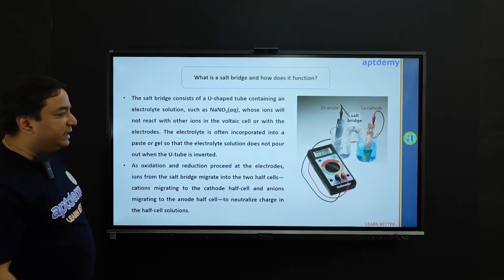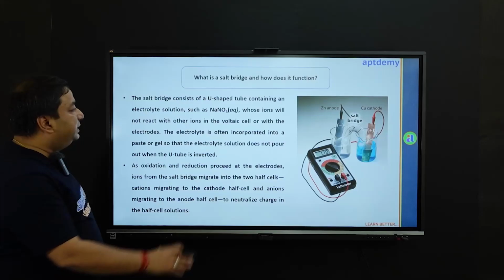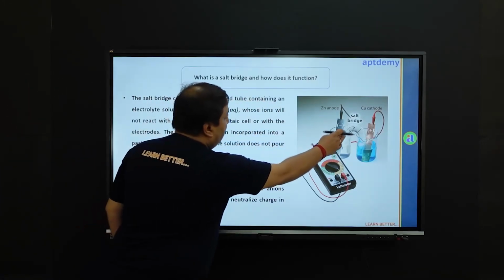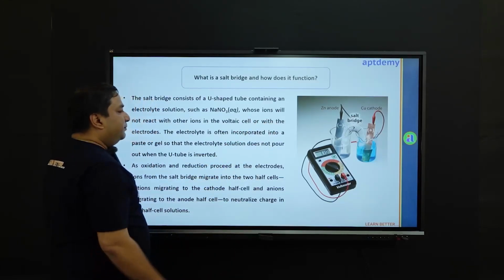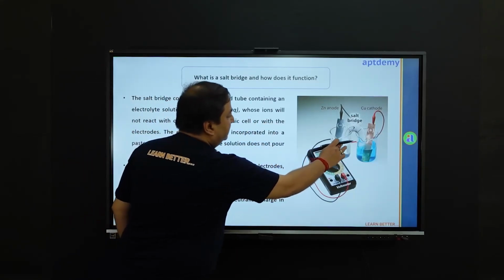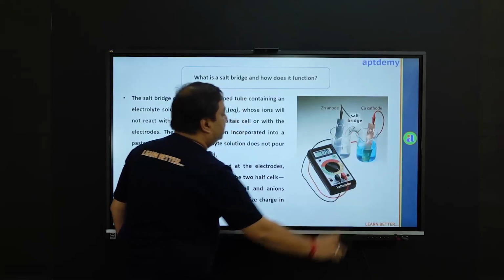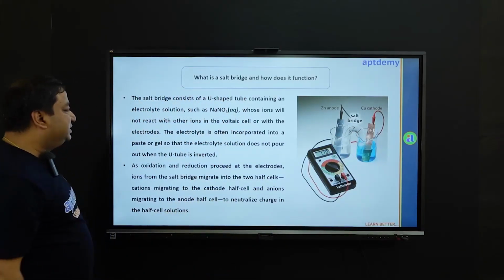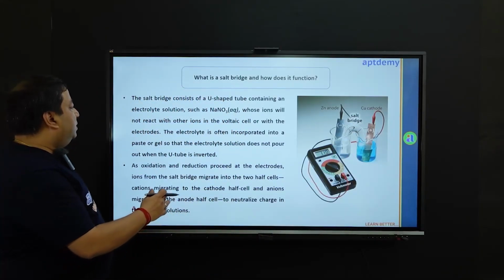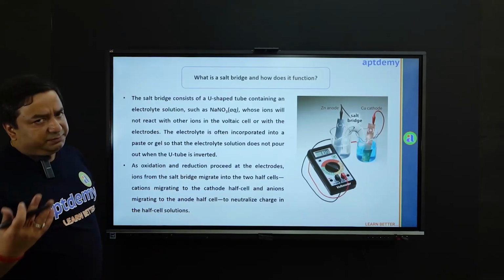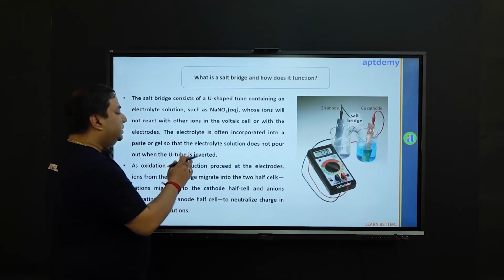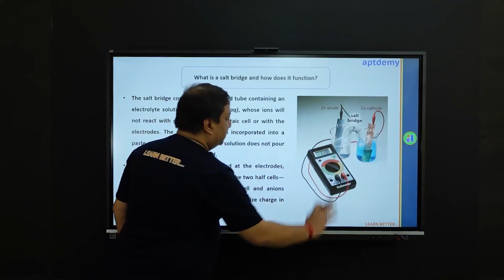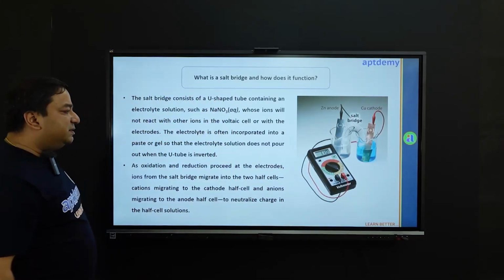But what is the function then of the electrolyte present within this gel? Okay, even before we discuss this, it is worthwhile to mention that this electrolyte is mixed with a gel or with a paste. The paste is called agar-agar, so that the electrolyte solution does not pour out from the U-tube into the solution. So what is the function of this electrolyte?